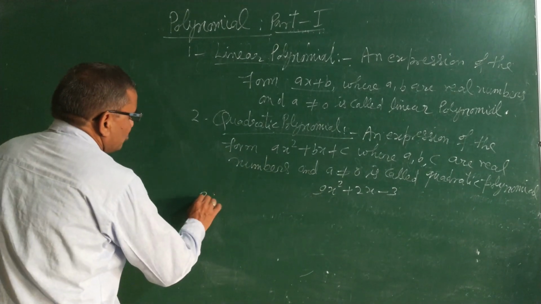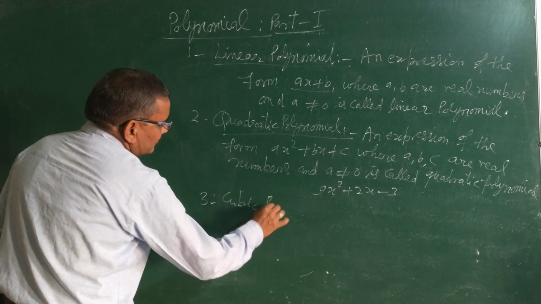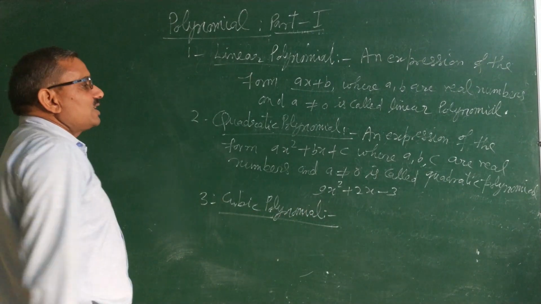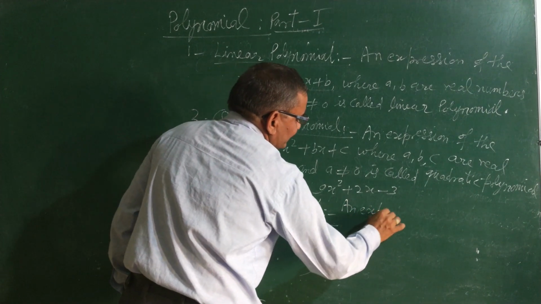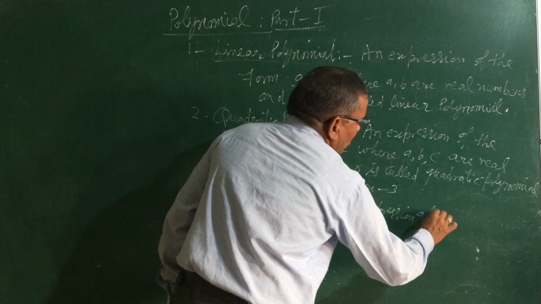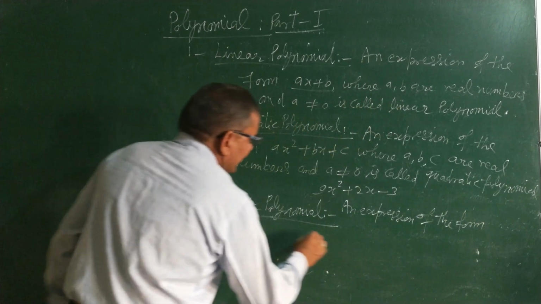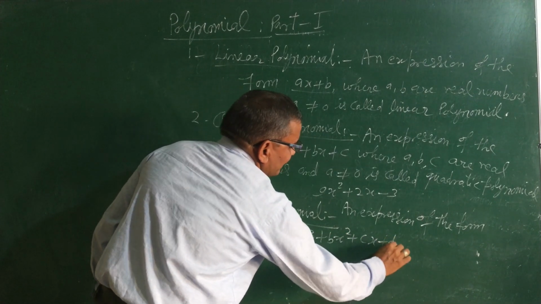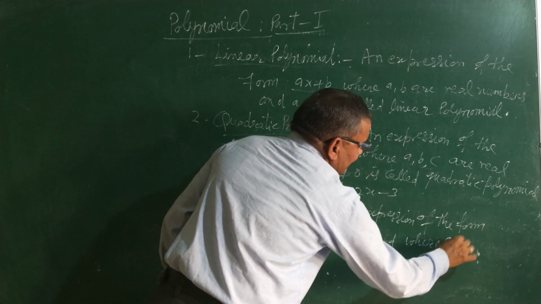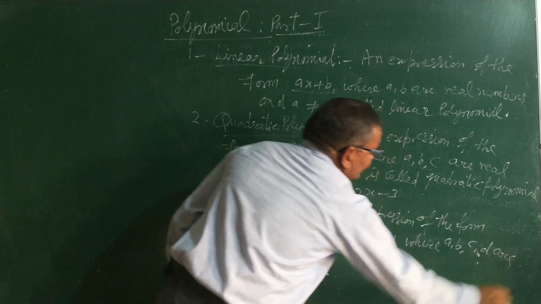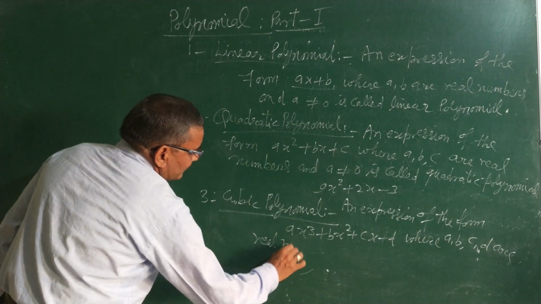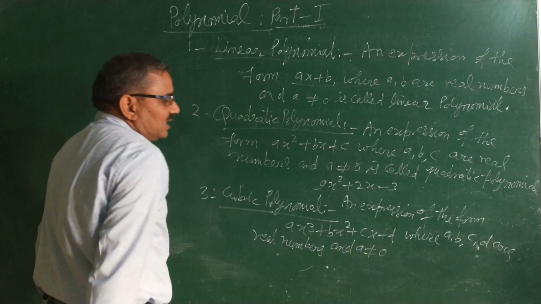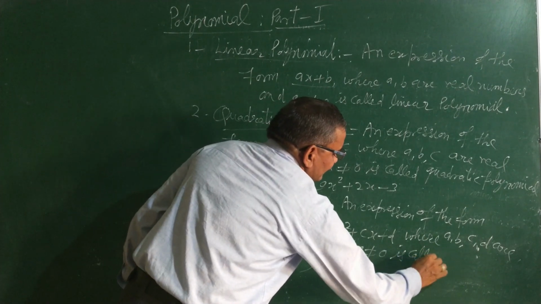The third one is cubic polynomial. An expression of the form ax cube plus bx square plus cx plus d, where a, b, c, d are real numbers and a not equal to 0, is called cubic polynomial.